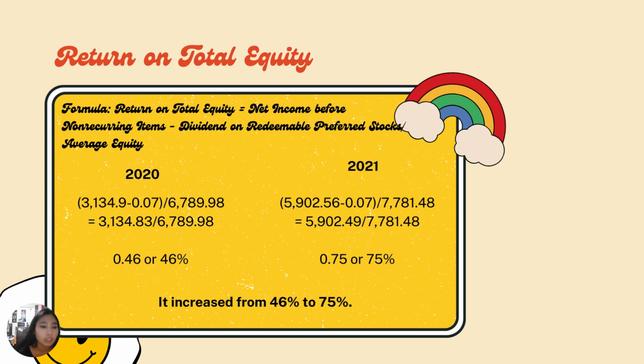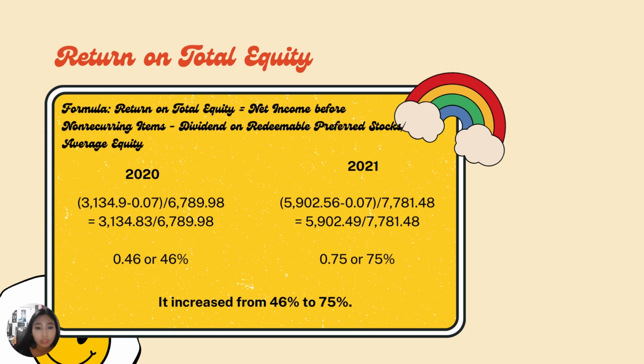So, 3,134.9 minus 0.07 divided by 6,789.98 equals 3,134.83 divided by 6,789.98, which equals 0.46 or 46%.